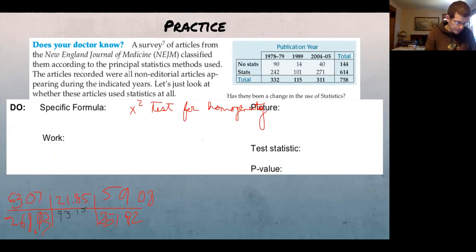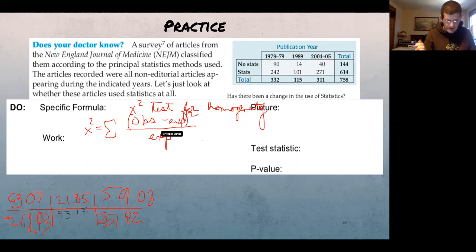So our specific formula now is the same as always. It's the sum of, I'll put chi-square right here. And as a preface, we're going to figure out this part first, and then go back and add in the work in the picture. This is kind of like what we looked at yesterday. So it's going to be the observed minus the expected, squared, divided by the expected.